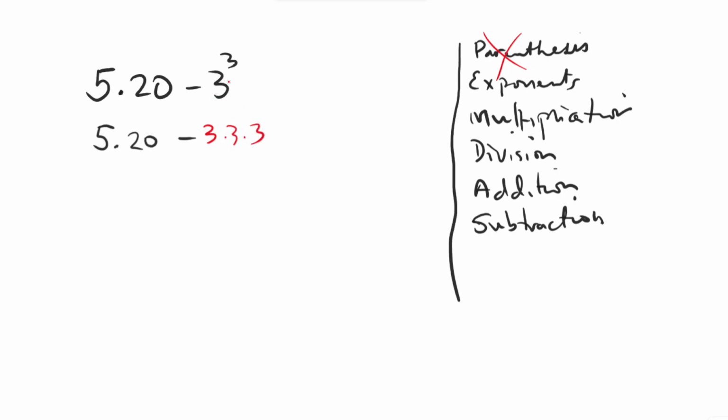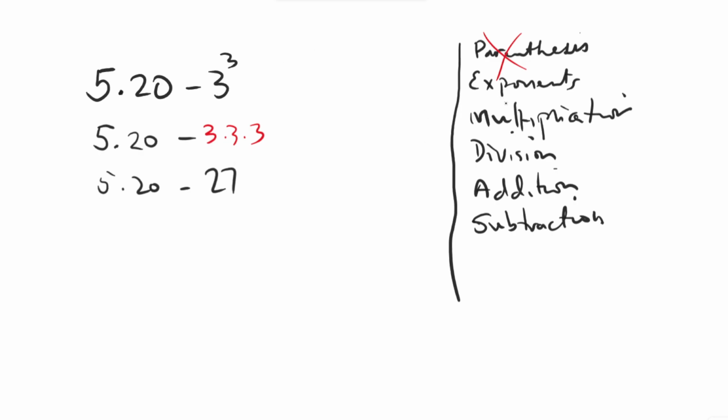This is what I call 3 cubed. This is 5 times 20 minus 3 times 3 is 9. 9 times 3 is 27. Is minus 27.